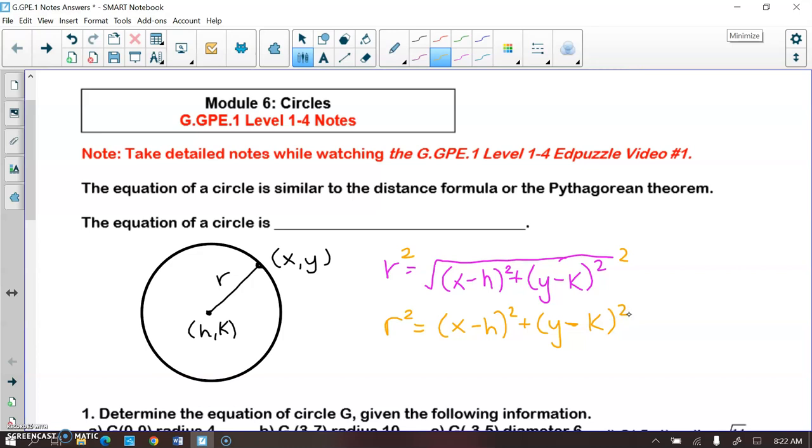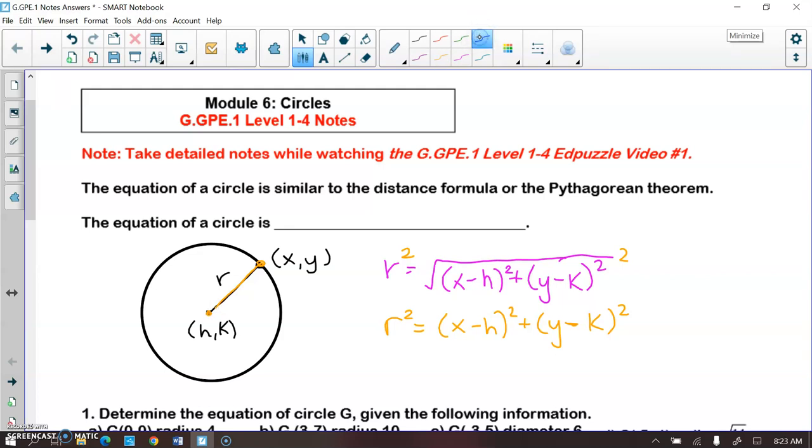And that is our equation of our circle. So our equation of our circle was related to us finding the distance between the center of our circle, (h, k), and a point on our circle, with the distance between those two being labeled as r, our radius.